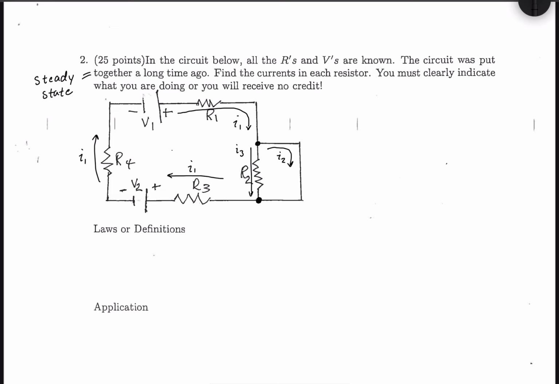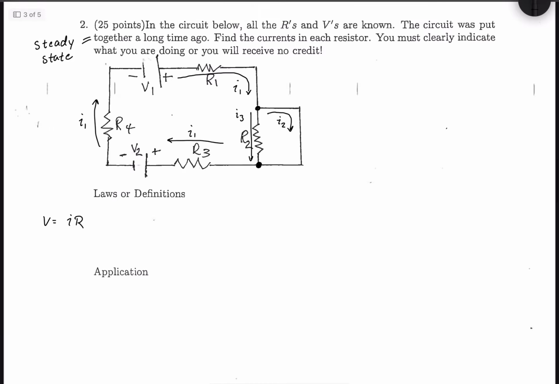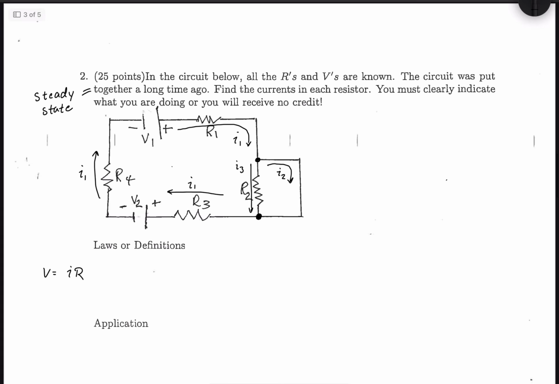So that was a great little thing to remember, just because we can get in a rhythm here. But anyway, same laws we're going to be using here: V equals IR. We have no capacitors, so we don't need capacitance. Let's get going. We've got one big loop going in the center here, and one loop here.